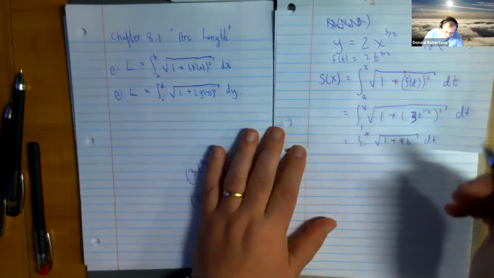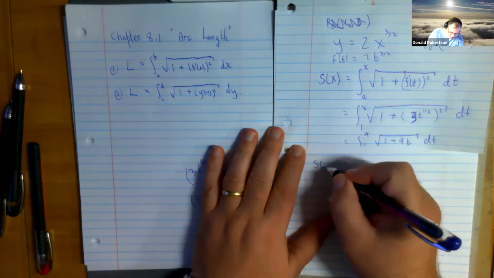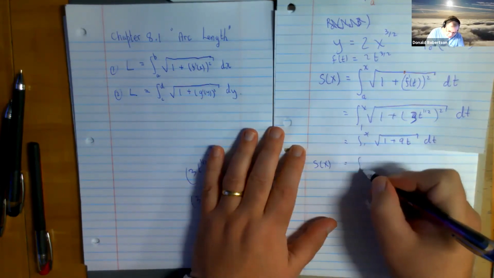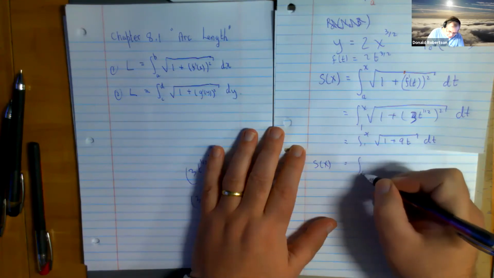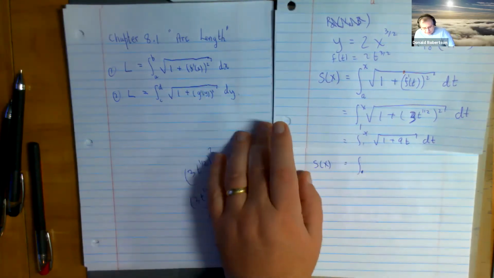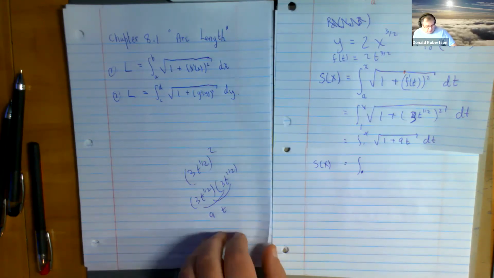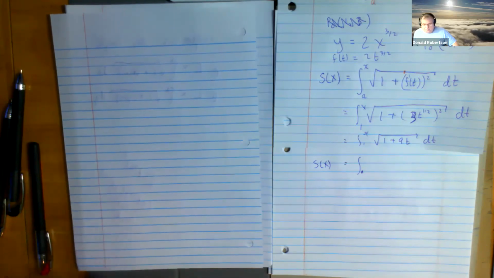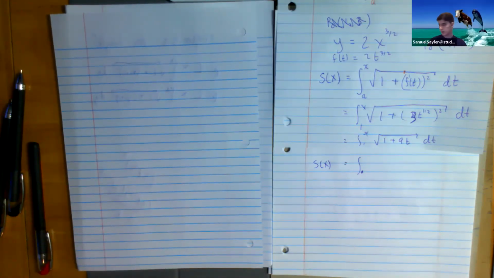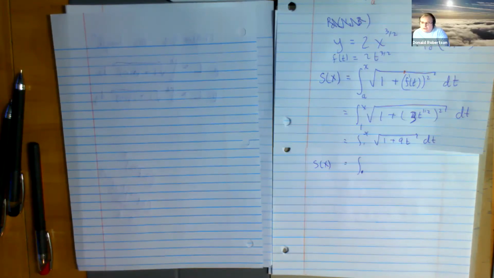Okay, let's take this guy to the end. How am I going to integrate the square root of 1 plus 9t? You could pull out the 9. Yeah, you could. I'm not sure it would do much good in this case. In some cases, that would be a good idea.